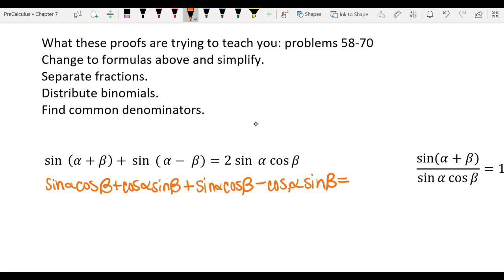Okay, so I replace each of these. I replaced this with this, and I replaced this with that.